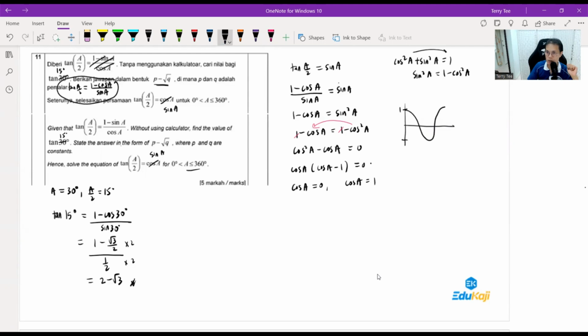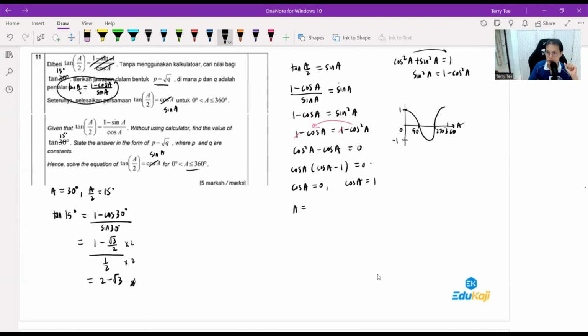Now, the graph of cos, if this is A, this is y equals cos A. Cos is 1 at 0 and 360. Cos is 0 at 90 and 270. So in this case, the first answer, the cos value is 0.